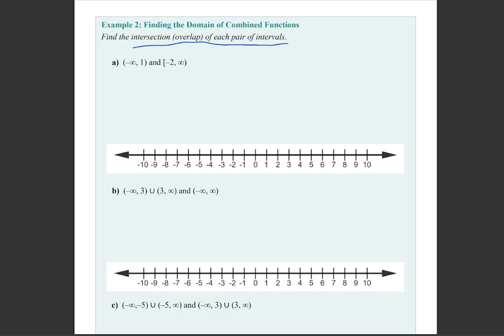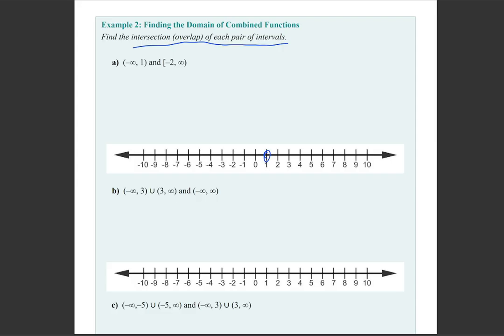Typically, it's easiest to find that by just drawing out what your interval looks like on a number line first, and then seeing where they overlap. That's all the intersection means. It says, hey, where do these two sets, these two intervals, have numbers in common? So we'll start by drawing negative infinity to 1. To do that, I need a big open circle at 1. There we go.